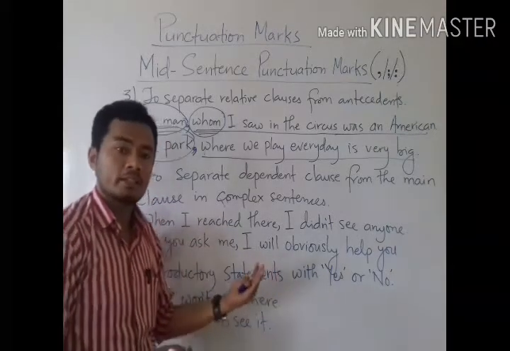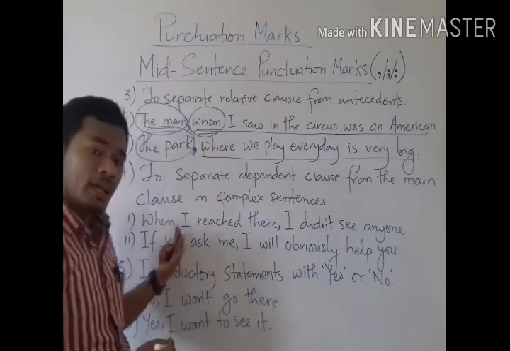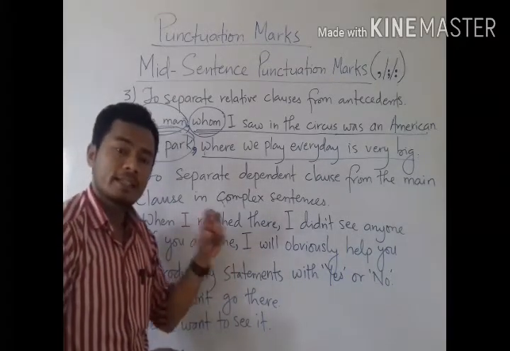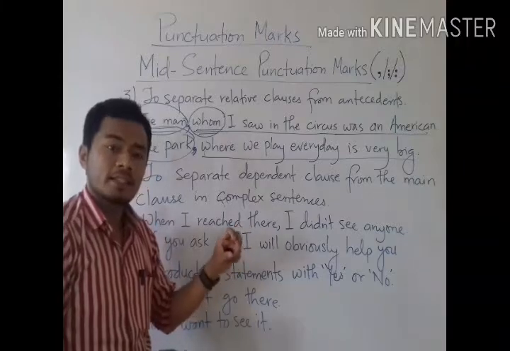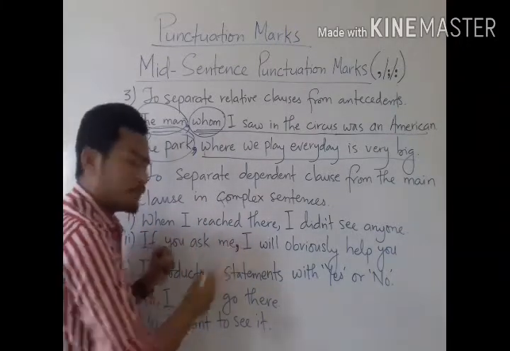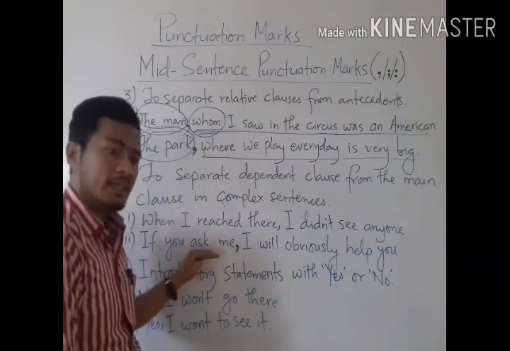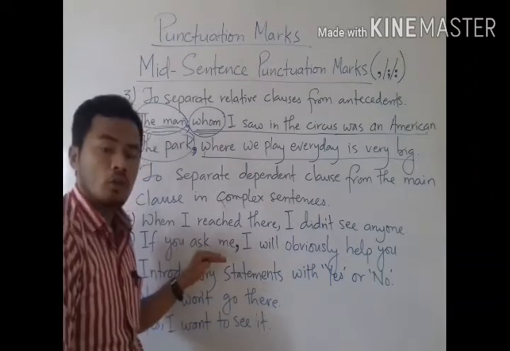It depends upon the condition how we are writing the sentences. See, if we keep these dependent clauses at the beginning of the sentences, then we have to separate them by using a comma. Like, if you ask me, this is a dependent clause.